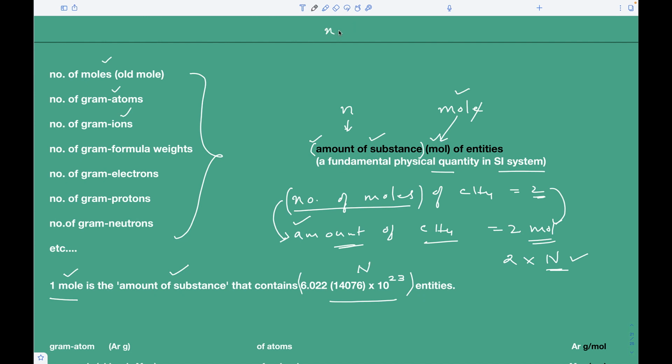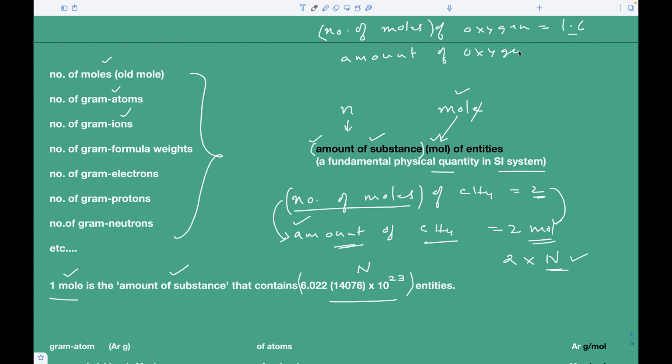Now let us say we have this sentence that says number of moles of oxygen is equal to 1.6. Again, it is a dimensionless number. Now we can replace number of moles with amount of substance. So it becomes amount of substance of oxygen, or you can simply say amount of oxygen.